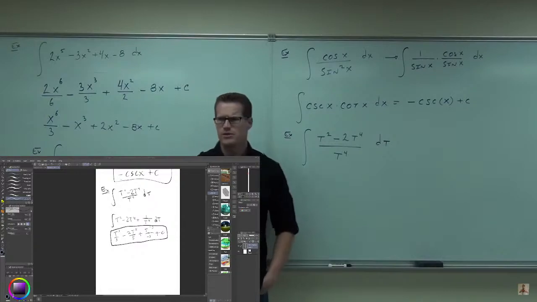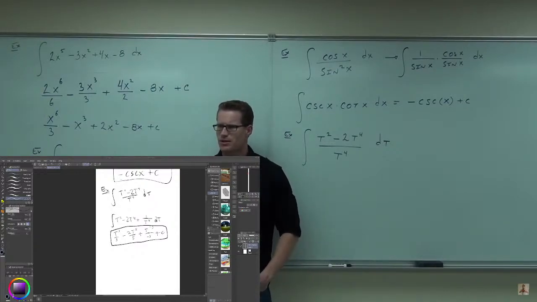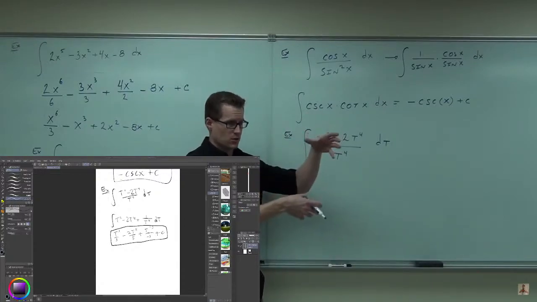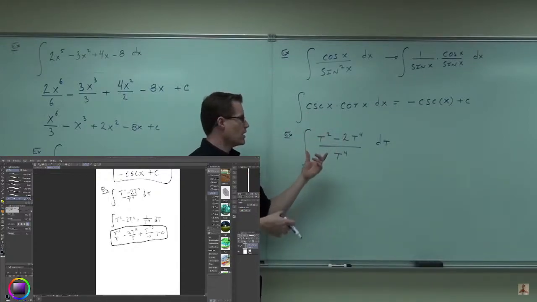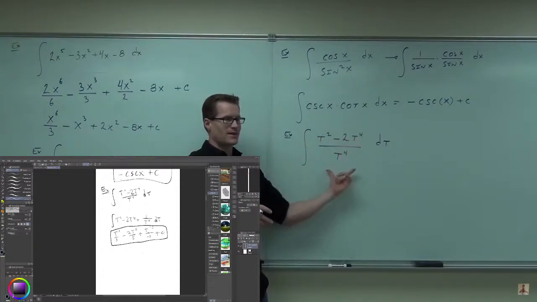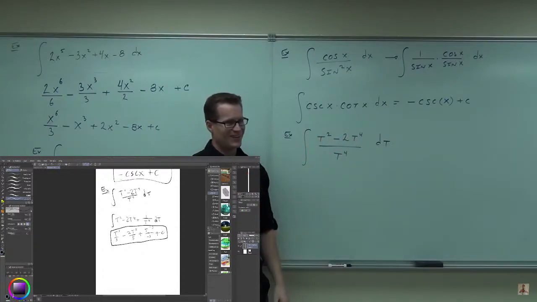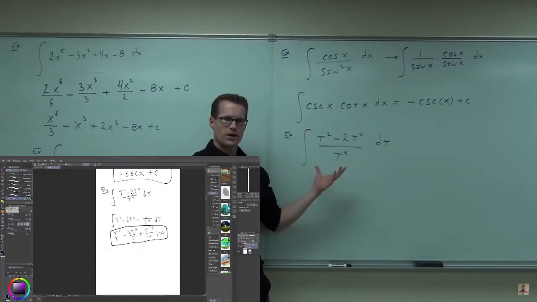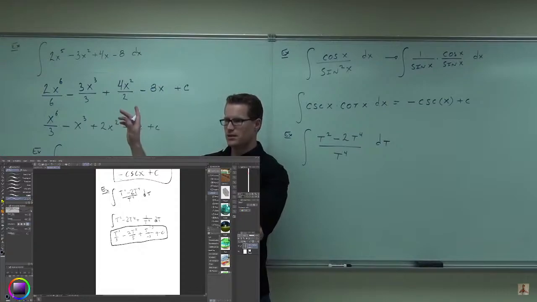Now, oh my gosh, is that in my integration table? Heavens no. We don't have anything over anything in our integration table, so this can't possibly be. Now, one more question. Can I take the integral of this, the integral of this, and the integral of that? Does that work? No. Is there a quotient rule for integration? No. Make it fit in your integration table.